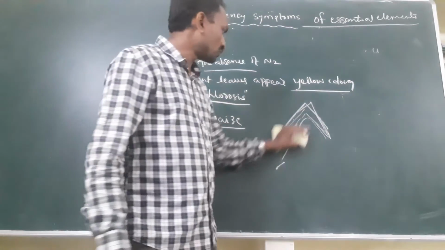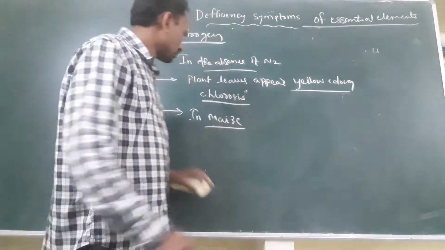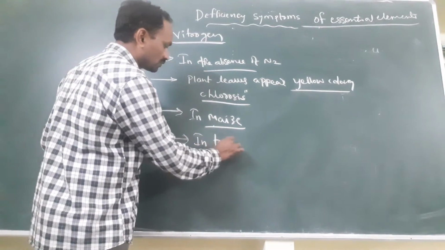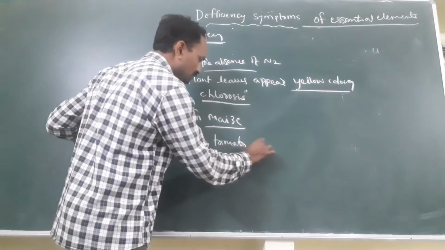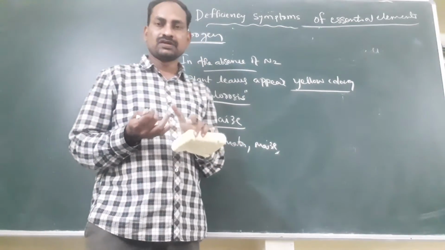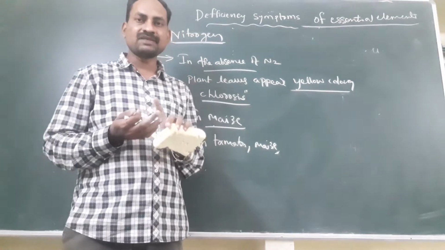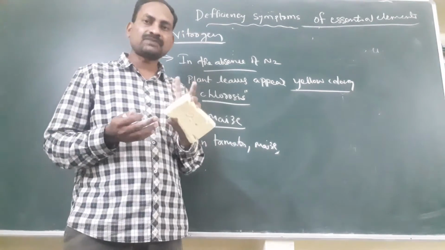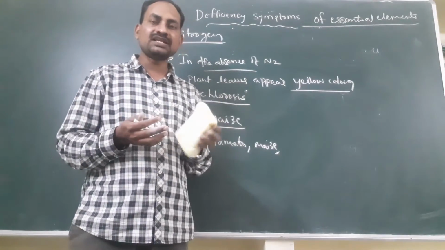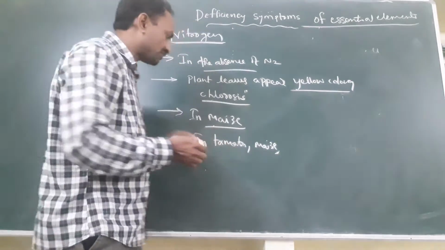And in tomato and maize, the stem, leaf base and petiole, sometimes the entire leaf turns into red color due to the accumulation of anthocyanin pigment.